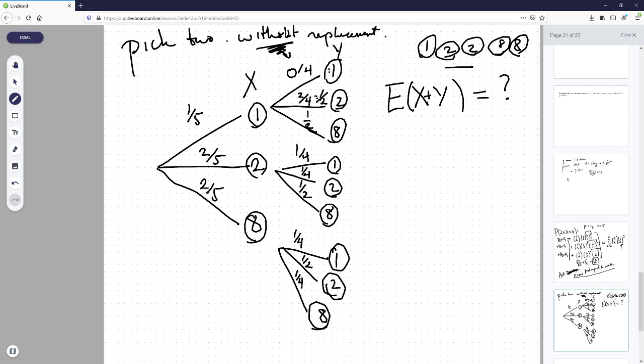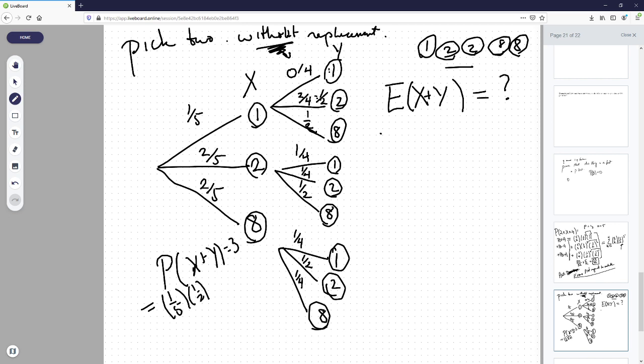Here, let's just ask, what is the probability of getting, say, a sum of 3? Right, so to get a sum of 3, what has to happen? There's 2 options. Either you pick a 1 and then a 2, or you pick a 2 and then a 1. So if you pick a 1 and then a 2, the probability is 1/5 times 1/2.